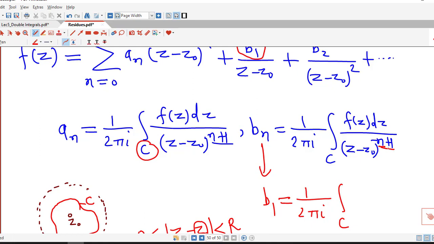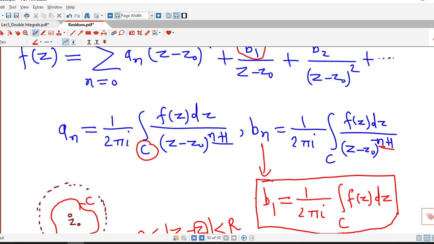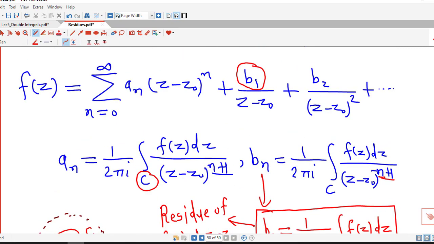So z minus z0 raised to 0 is 1, and we have the integral of f of z over this simple closed contour C. So this coefficient b1 is nothing but residue. This b1 is known as residue of complex function f of z at isolated singular point z0, and b1 is nothing but the coefficient of 1 over z minus z0.